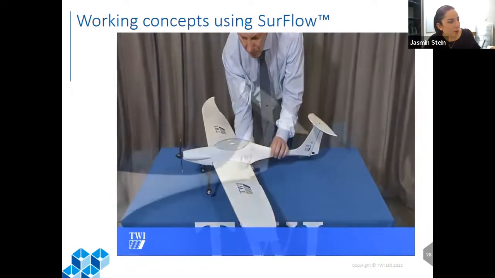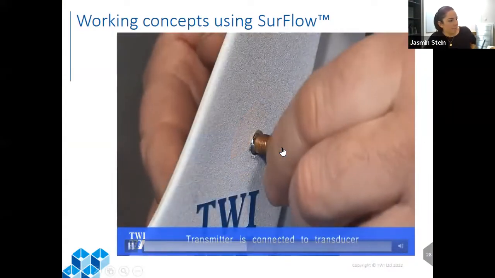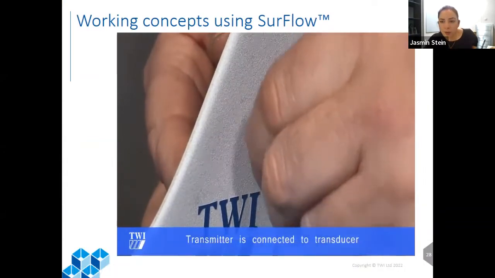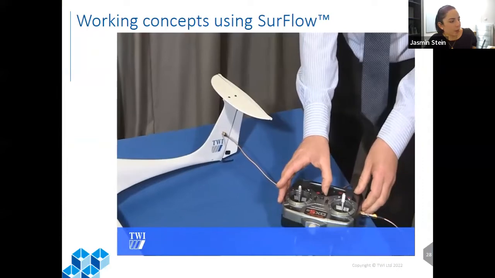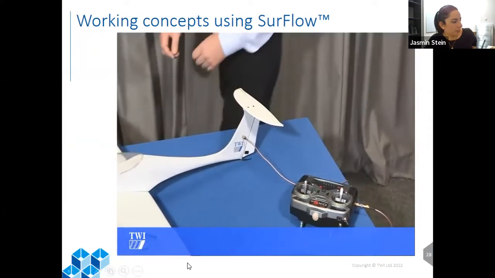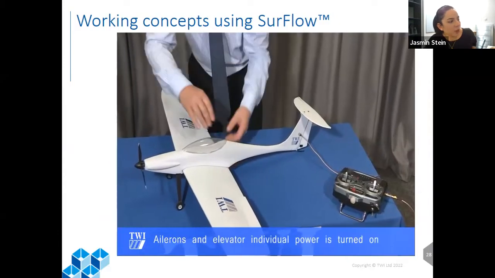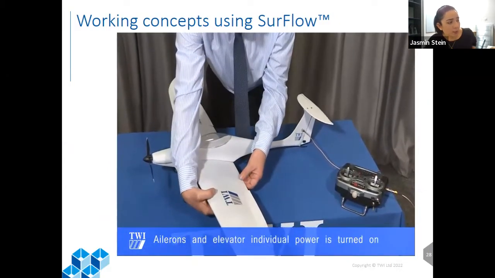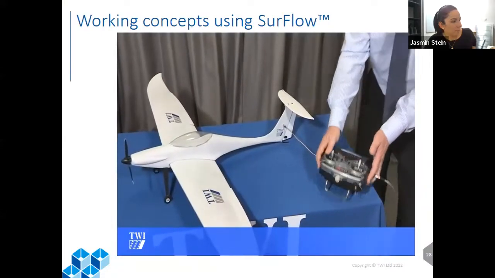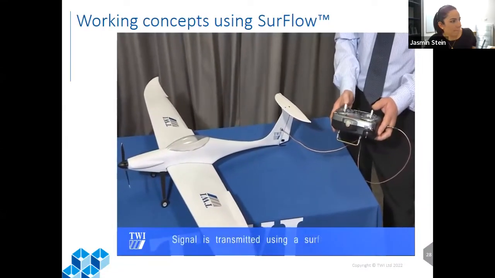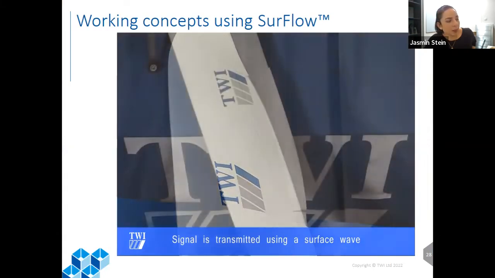In this case, the transmitting transducer is at the tail. What we want to show is that you can send multiple signals at the same time. That's switching on the individual power sources, and you can do the control at the same time.